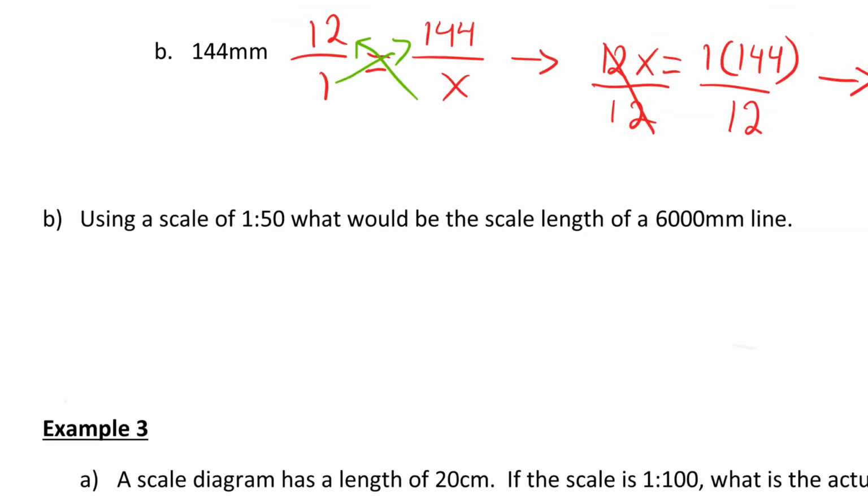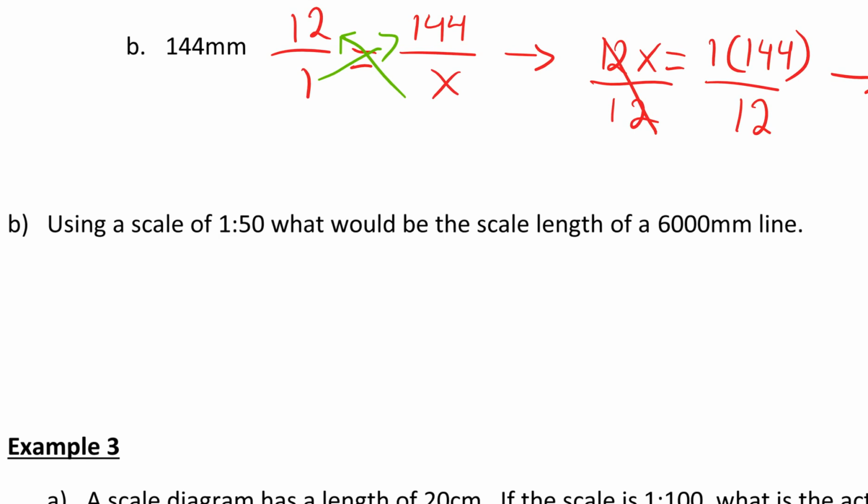For B, we're going to look at using a scale of 1 to 50. What would the scale length of a 6,000 millimeter line be? Remember, we have scale on top, so we're trying to find out what the scale length would be.